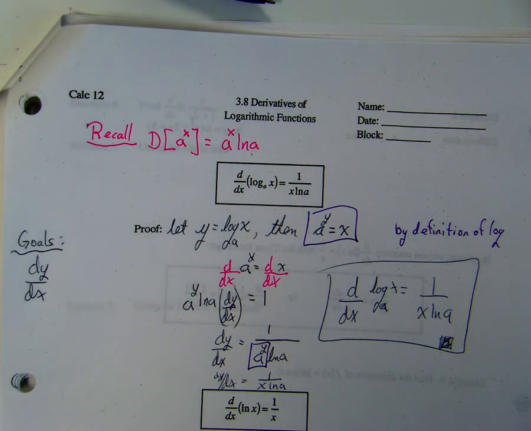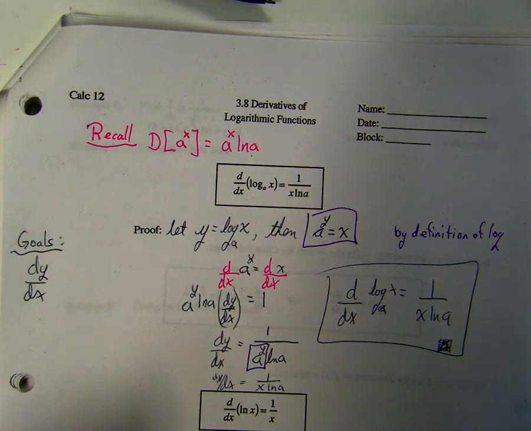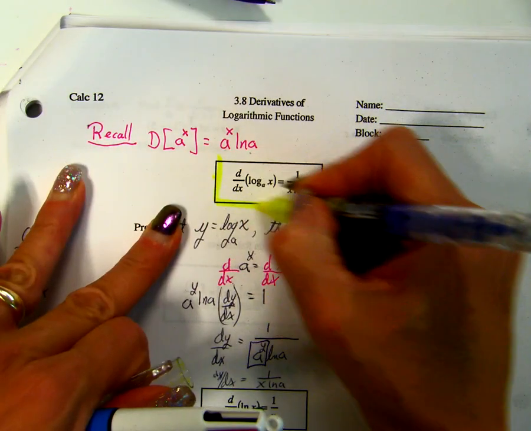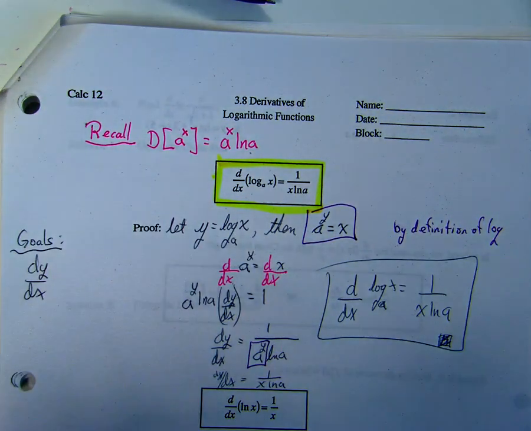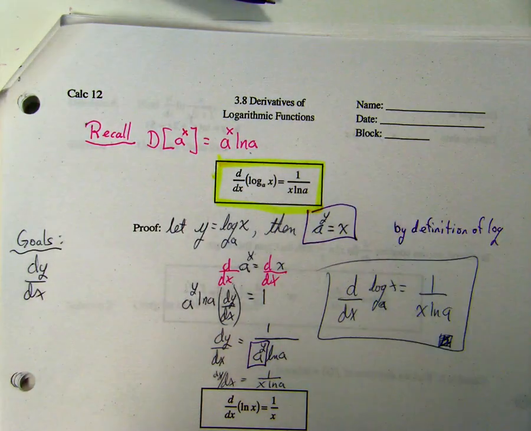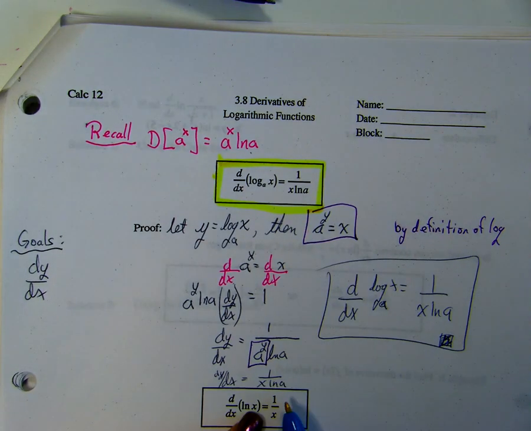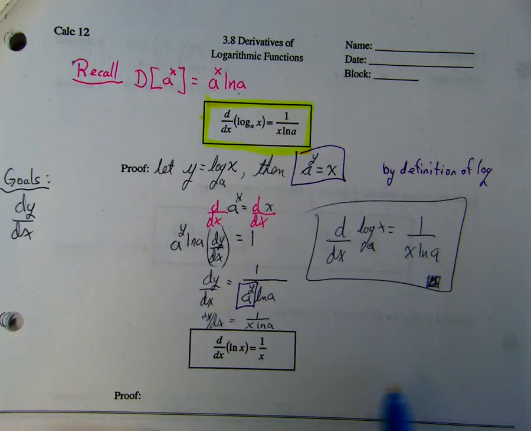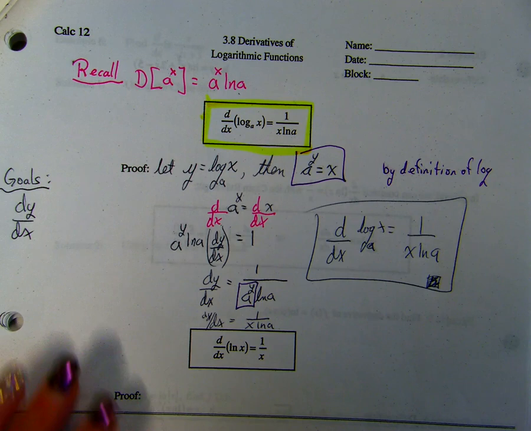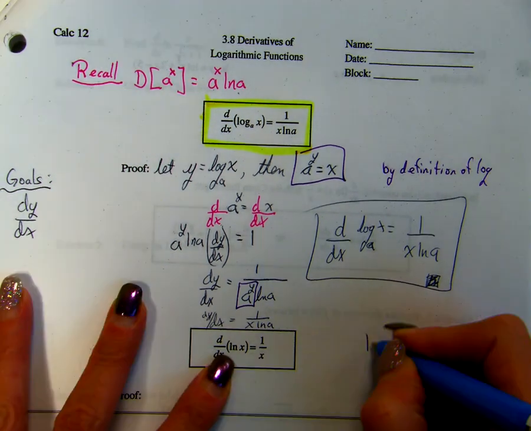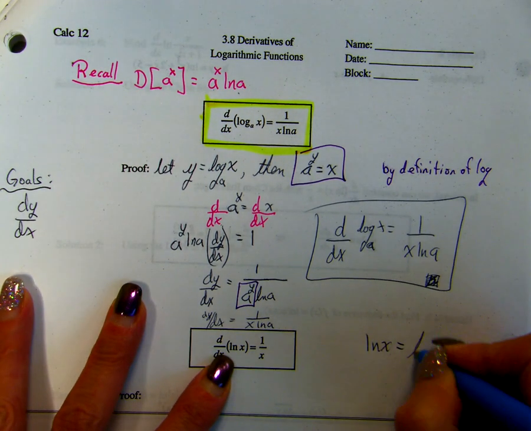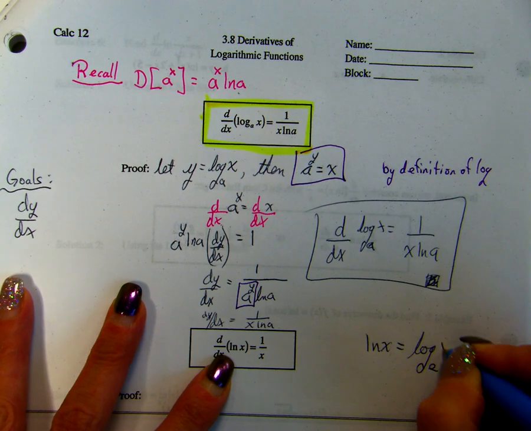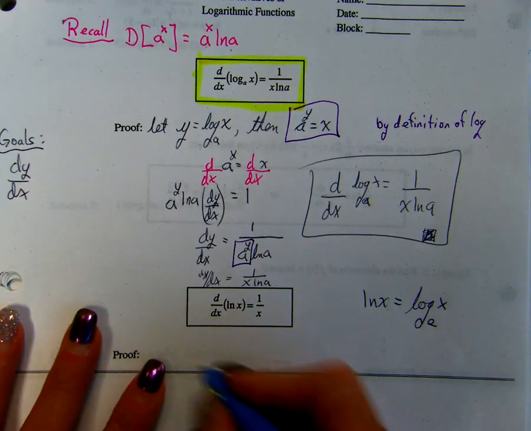I don't expect you to redo that proof, but you do need to be able to remember this derivative. Okay, so then the derivative of ln x is just 1 over x. Since we just proved this, let's use it to prove this next statement. Remember, ln x by definition is just log to the base e of x.